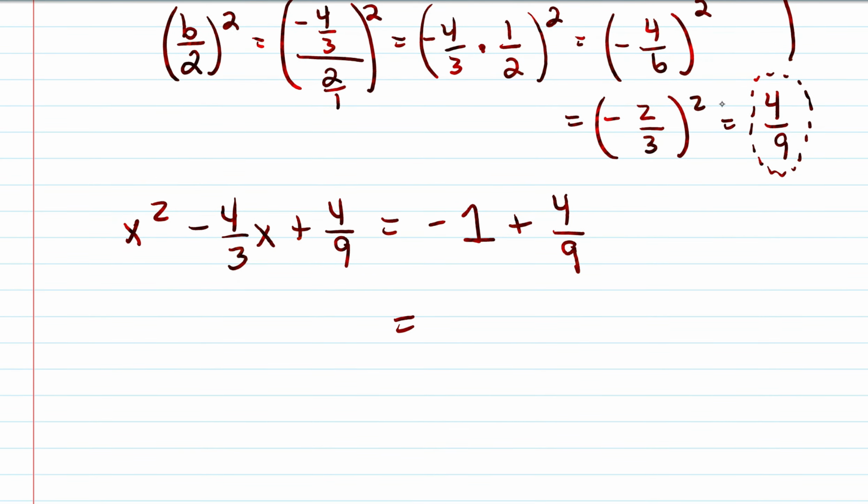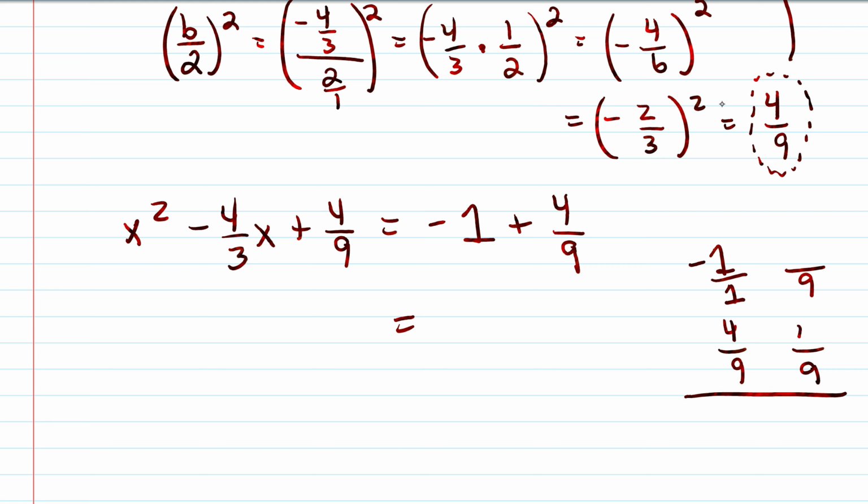So I'm going to go ahead and take care of the -1 plus the 4/9. So -1 and 4/9. Well, what is that going to be? -1, you can make it 1/1, but either way, you're going to have to rewrite your fractions. The LCD is 9 out of 1 and 9.